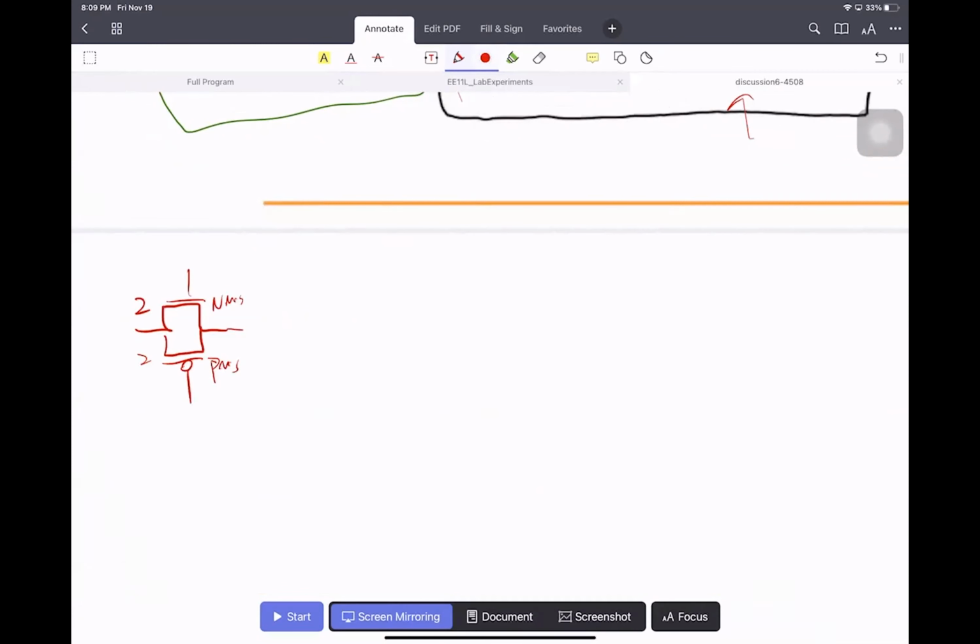When they are on, the equivalent circuit is just two resistors in parallel. These two are equivalent. So why do we use the NMOS and PMOS in parallel?